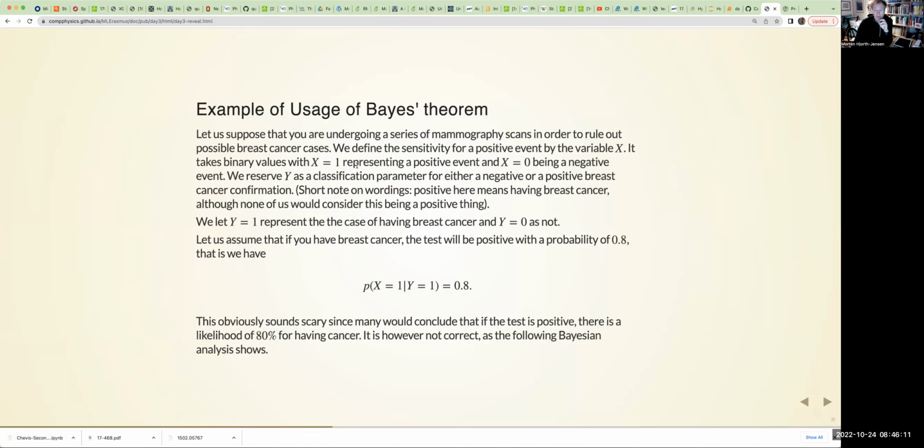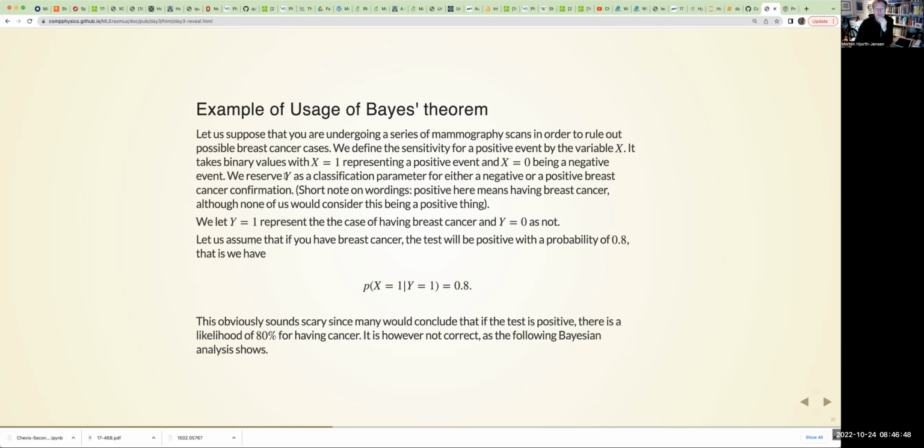So we have to be a little bit careful in the way we word things. And this is where Bayes' theorem gives us the right interpretation. So you could define the sensitivity for a positive event by a variable x. It takes binary values, with x equal to 1 representing a positive event, and x equal to 0 being a negative event.